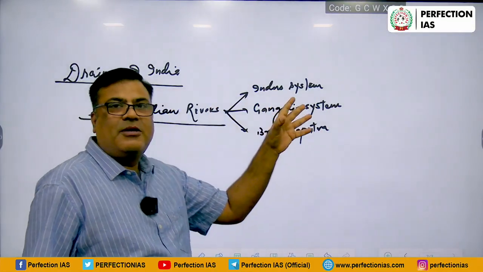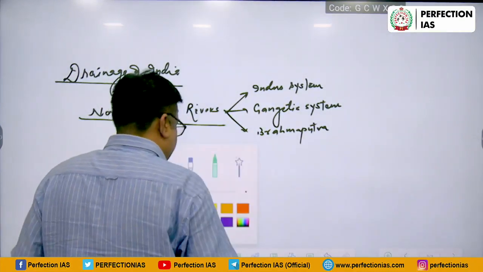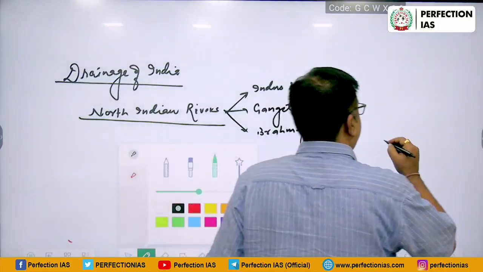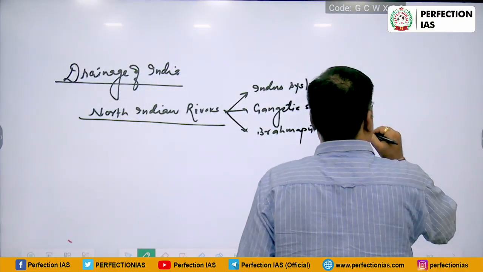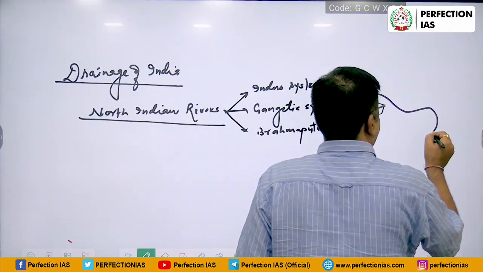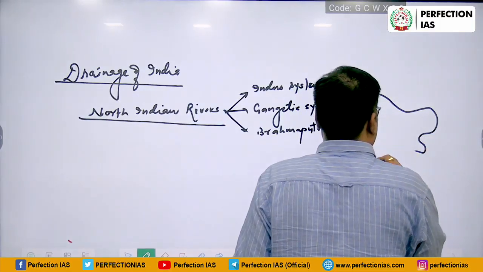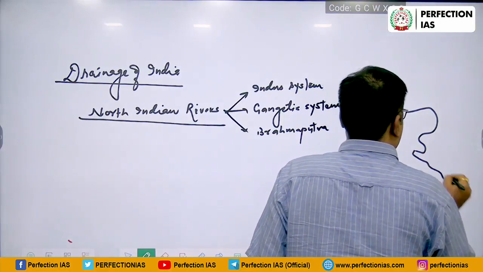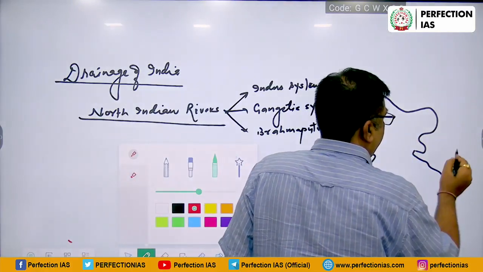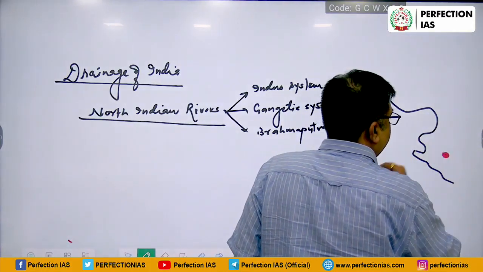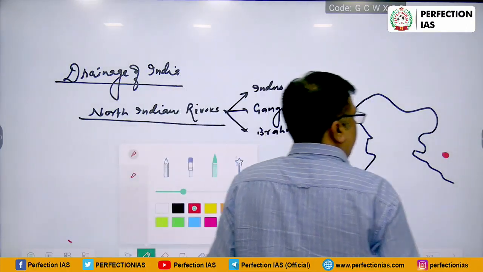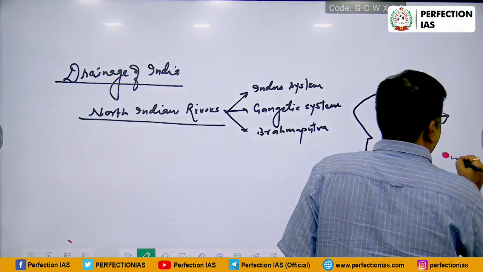In the Indus system, once again we learn this. I just want to highlight how one should learn. Up there you see, this is Jammu and Kashmir, and here there is a place, and the name of this place is Lake Mansarovar.